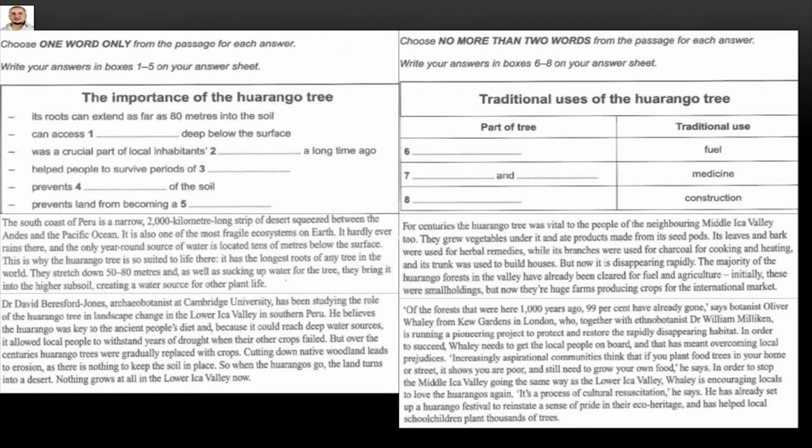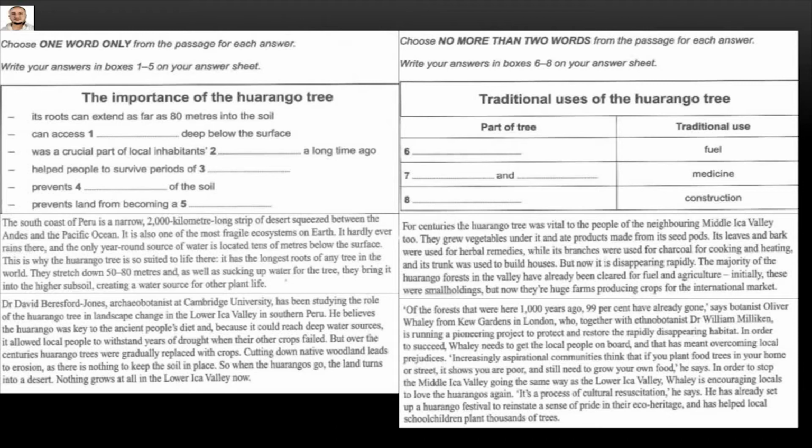So when the Harango go, the land turns into a desert. Nothing grows at all in the lower Ica Valley now. Okay, so number 4 prevents erosion of the soil, and number 5 prevents land from becoming a desert.